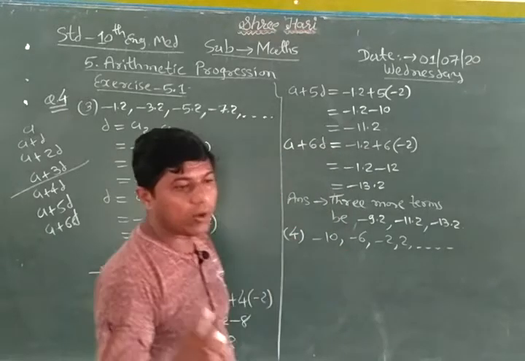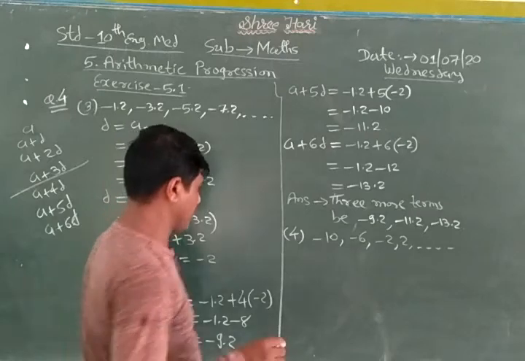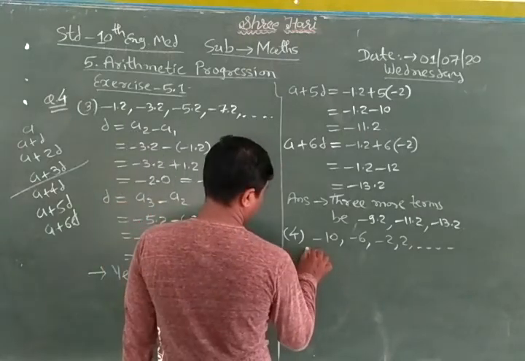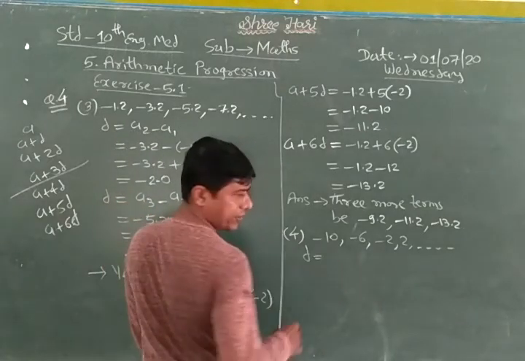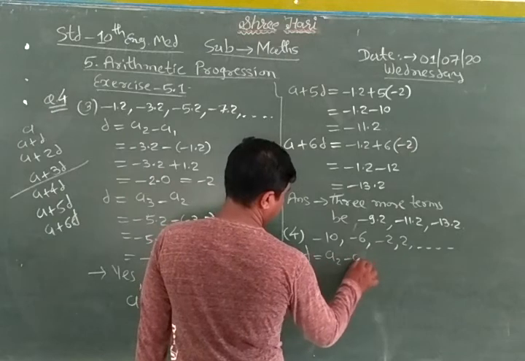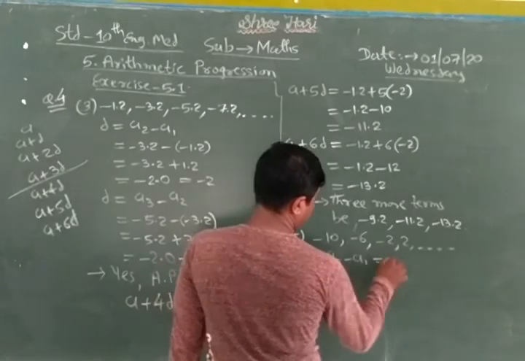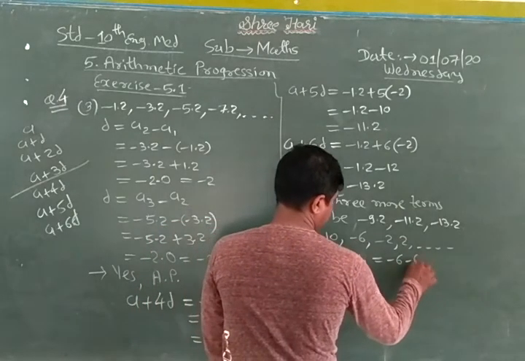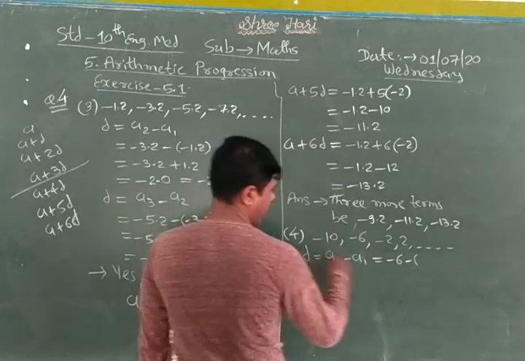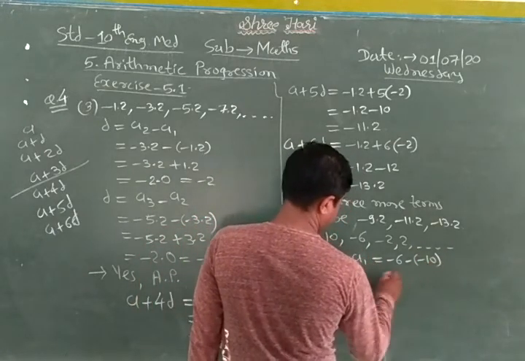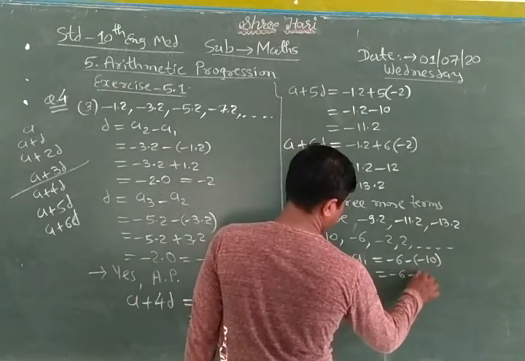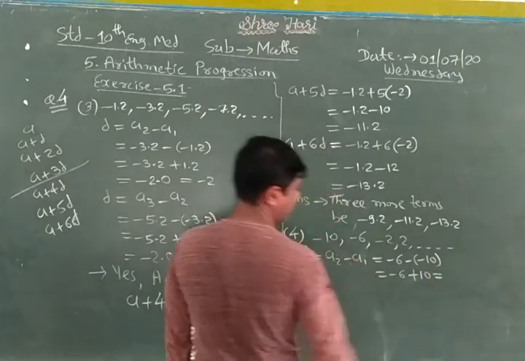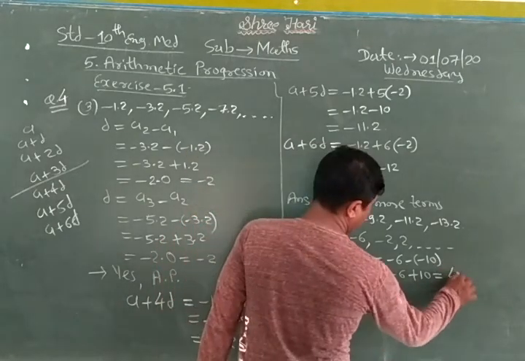First find out whether this is an arithmetic progression, yes or no. D means common difference. A2 minus A1: A2 is minus 6, A1 is minus 10. Minus 6 plus 10, so 4, bigger sign.